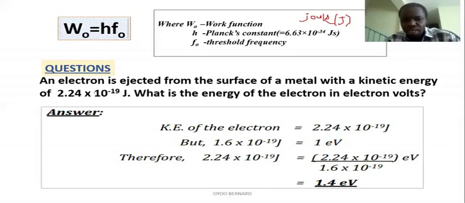You're given the kinetic energy of the electron: 2.24 times 10 raised to negative 19. You're supposed to convert it to electron volts. We said that 1 electron volt is equal to 1.6 times 10 raised to negative 19 joules. I think that conversion is very easy if you consider what we learned earlier. So we move to the next one.